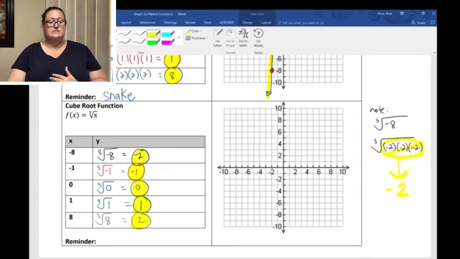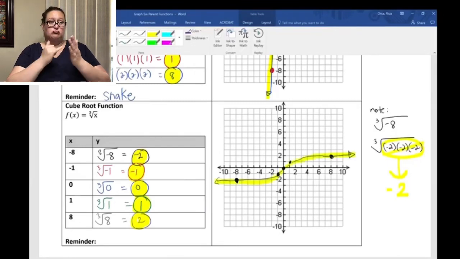So now let's take all of our points and plot them. (-8, -2), (-1, -1), (0, 0), (1, 1), (8, 2). Now let's draw our curve. From what my students have told me, the cube root function looks like an S.